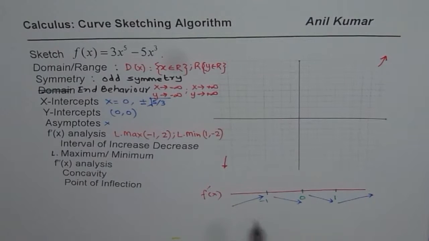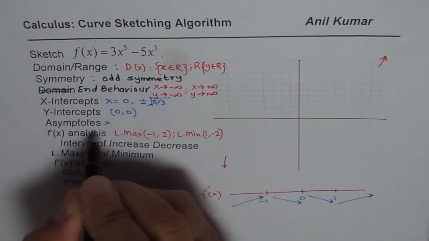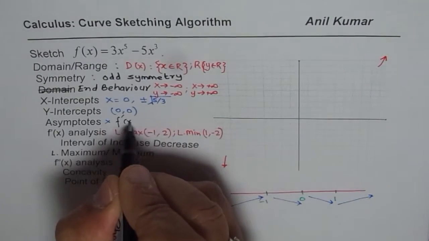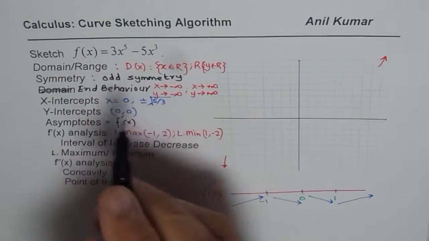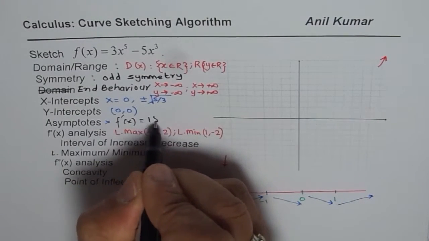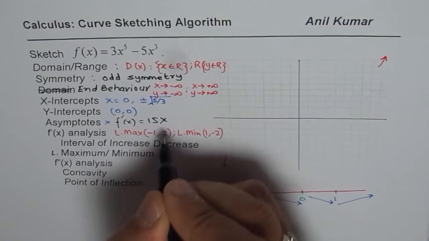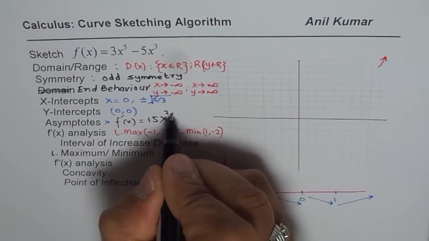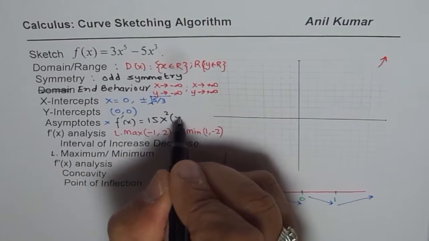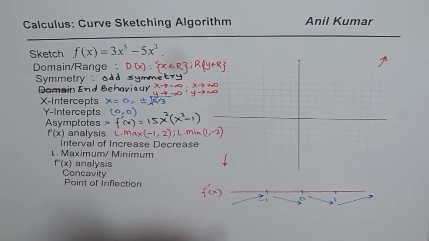That is how it was. Now, so we know all this. Let's go for the second derivative. We found that the first derivative in this particular case was, we took 15x to the power of 2 common, x squared, and inside the second term was x squared minus 1, correct?